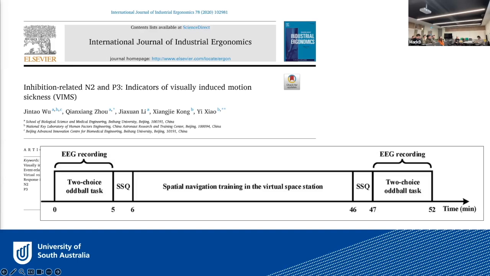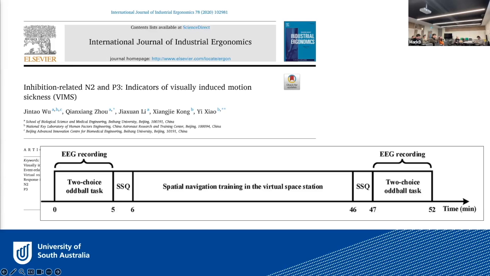they showed some cybersickness-inducing virtual space station here, but what they compared was before this VR thing, they did a two-choice multiple test. It's something like measuring your cognitive ability. And after this VR experience, they also did the two-choice test again.